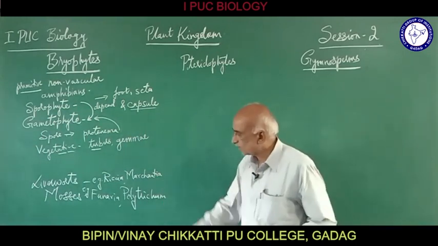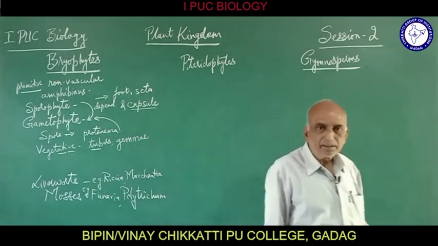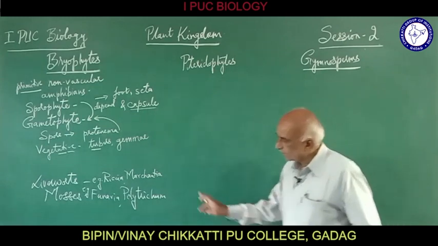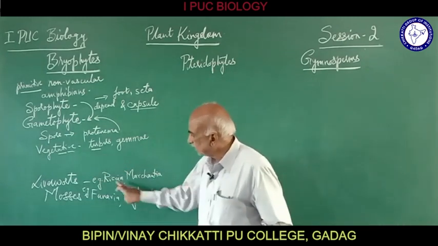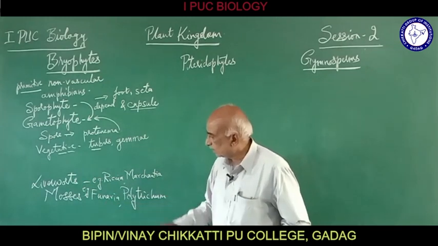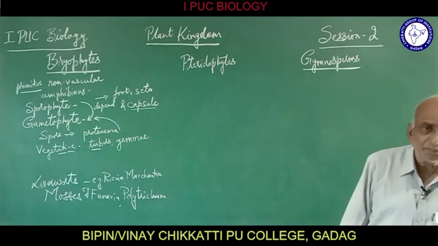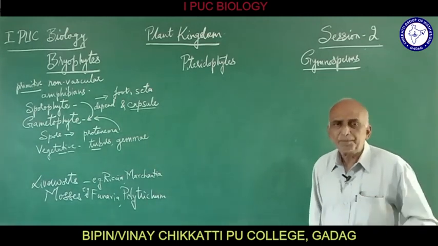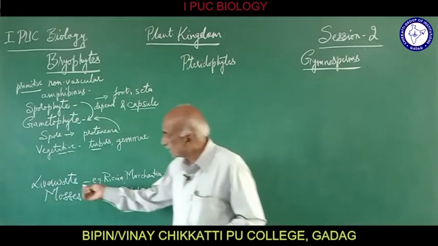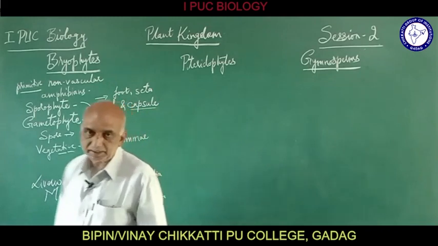These are examples of bryophytes. Riccia and Marchantia are very simple bryophytes. Primitive bryophytes means that among bryophytes these are very primitive. Whereas the mosses like Funaria and Polytrichum are developed bryophytes, somewhat comparatively. Developed in the sense that, in comparison with the liverworts, they are developed in their structure.